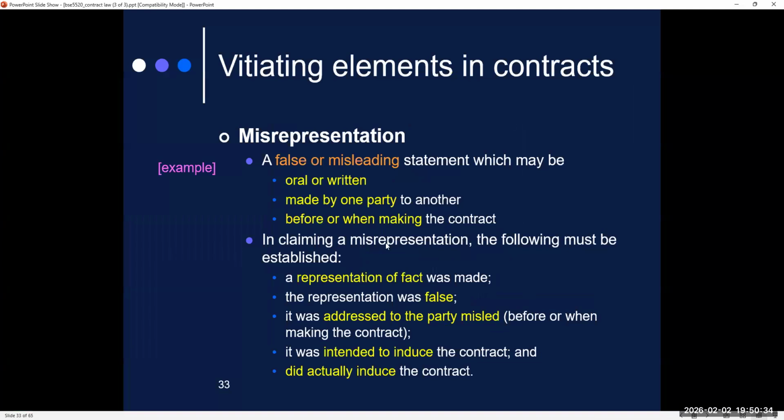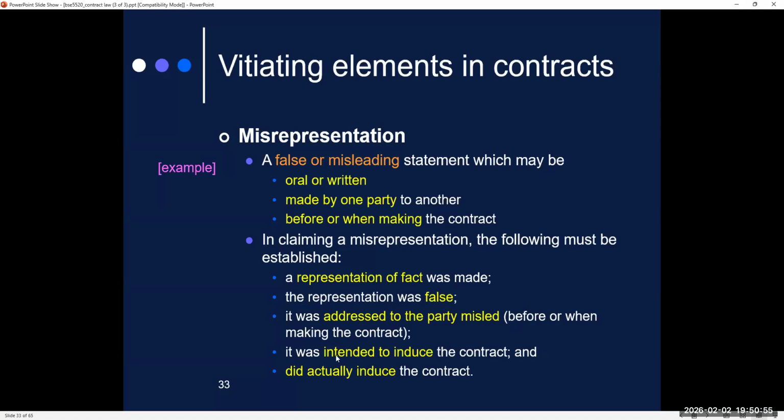So in order to claim a misrepresentation, the following must be established. The representation of fact was made, and the representation was really false, really untrue, and it was addressed to the party misled before or when making the contract, not after.